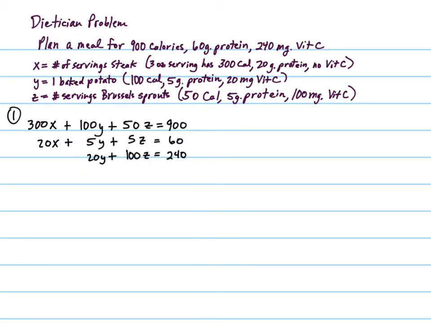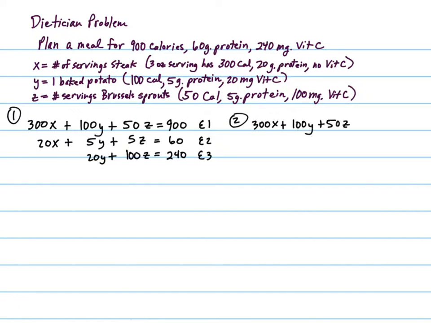So that's the idea. So I'm going to go ahead and call these equations 1, 2, and 3. And now let's do step 2 here. Again, getting two equations in the same two variables using the system in step 1.